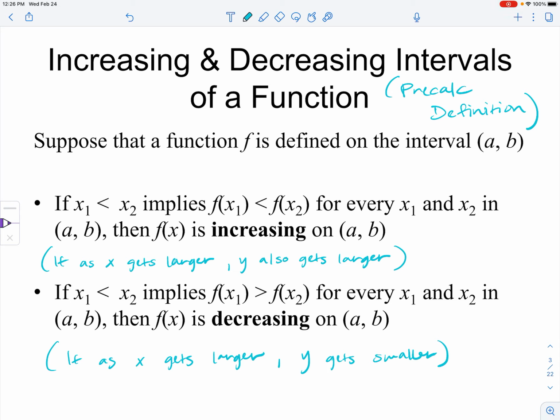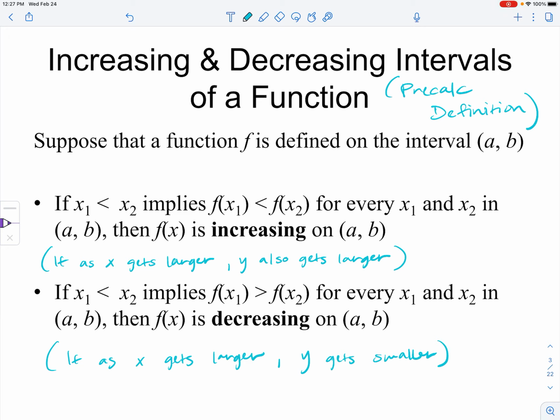And we kind of fell back on that definition for when we were reading graphs, right? When you're reading the graph from left to right, and this was right after we studied limits, if it looked like as x was getting larger, the y values were also getting larger, then you said the interval was increasing.